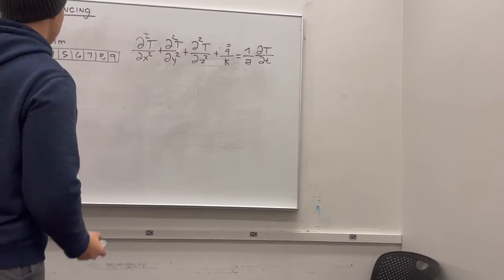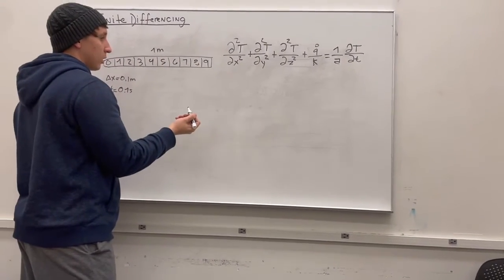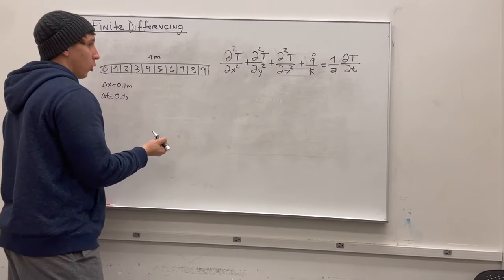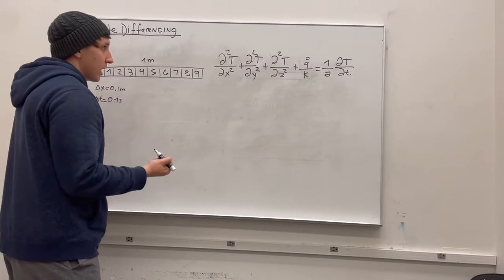Now, this is rectangular Cartesian coordinates, and we're only going to look in one direction to keep things simple.